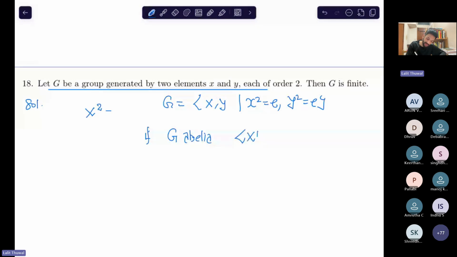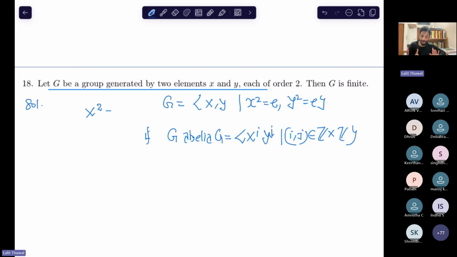Because in this case, G is something like this: X to the power I, Y to the power J, where the pair (I, J) belongs to Z cross Z. Because in that case, you have finitely many choices for I and J. You can just put 1 and 0, because X to the power I would be equal to either identity or X, if the order is 2. So if G is abelian, then it must be finite.